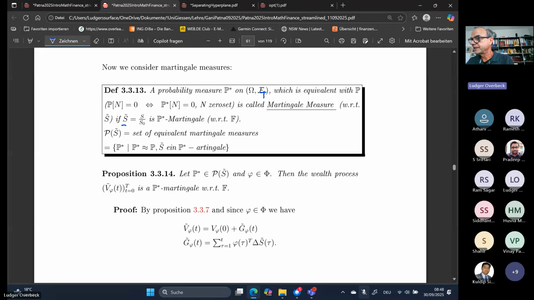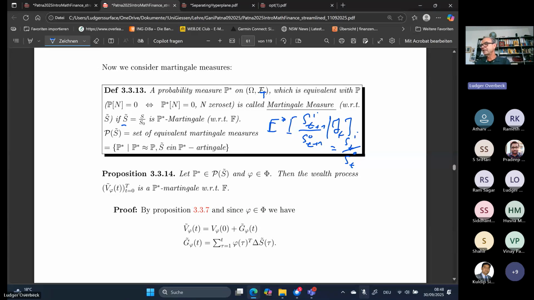This means under P star, that's our S_t divided by S_t^0. The discounted process S tilde_t equals S_t^i divided by S_t^0 is a martingale.